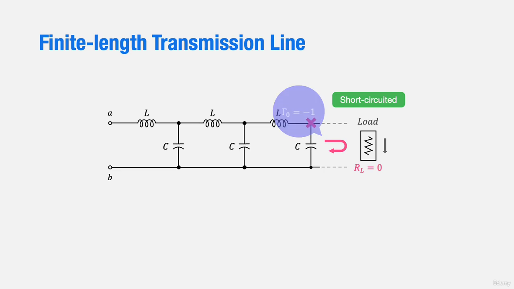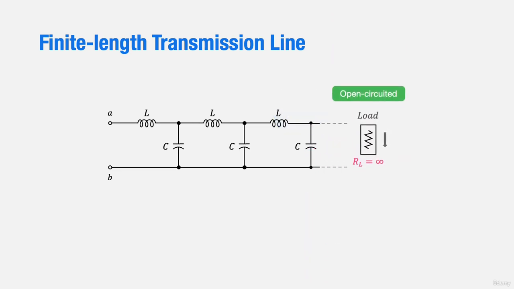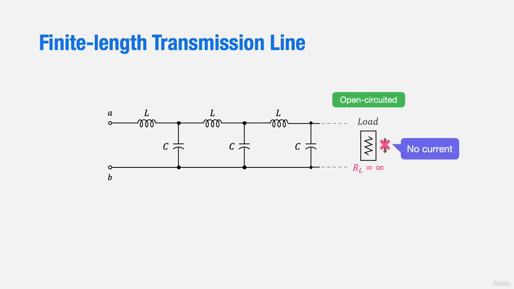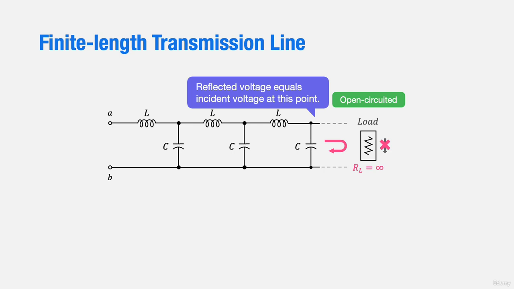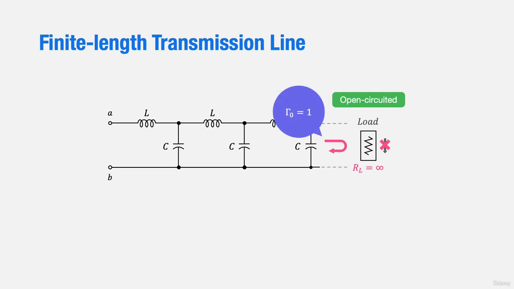to achieve a total voltage of 0. When the line is ended to an open circuit, there is no current flowing at the end, and the reflected voltage wave will be equal to the incident voltage wave at the end. This means that the reflection coefficient gamma 0 at this endpoint will be 1.